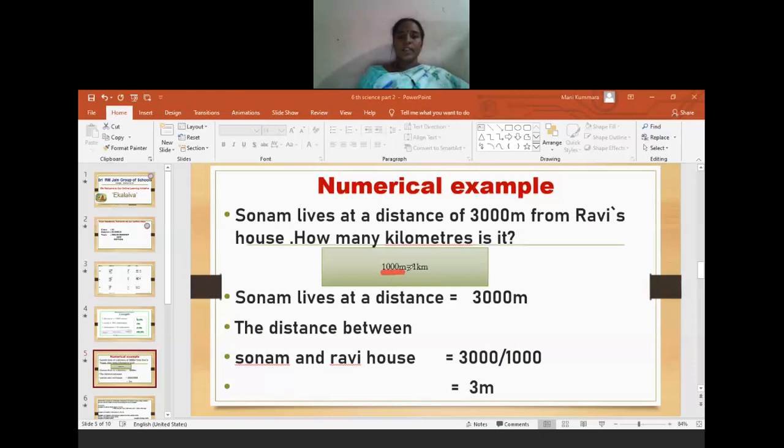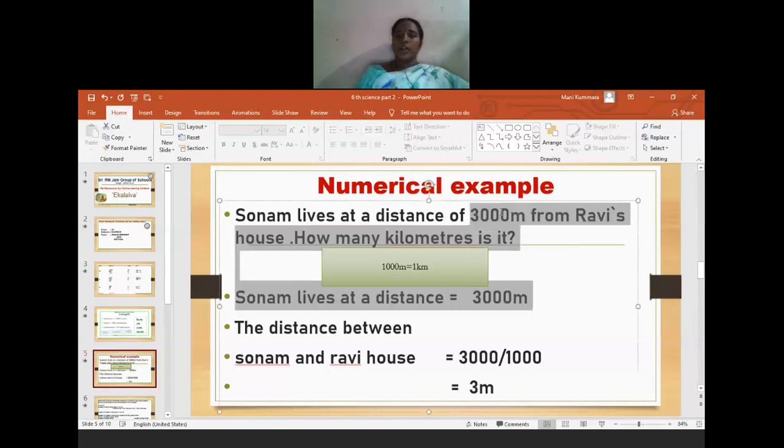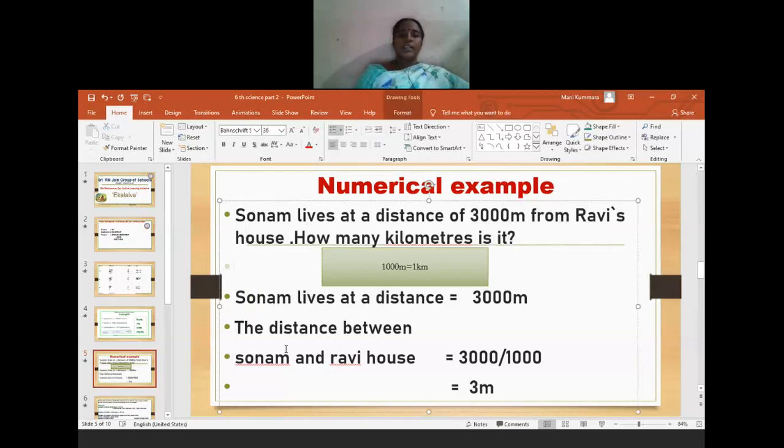The distance between Sonam and Ravi's house is 3000 meter, already given in the question.